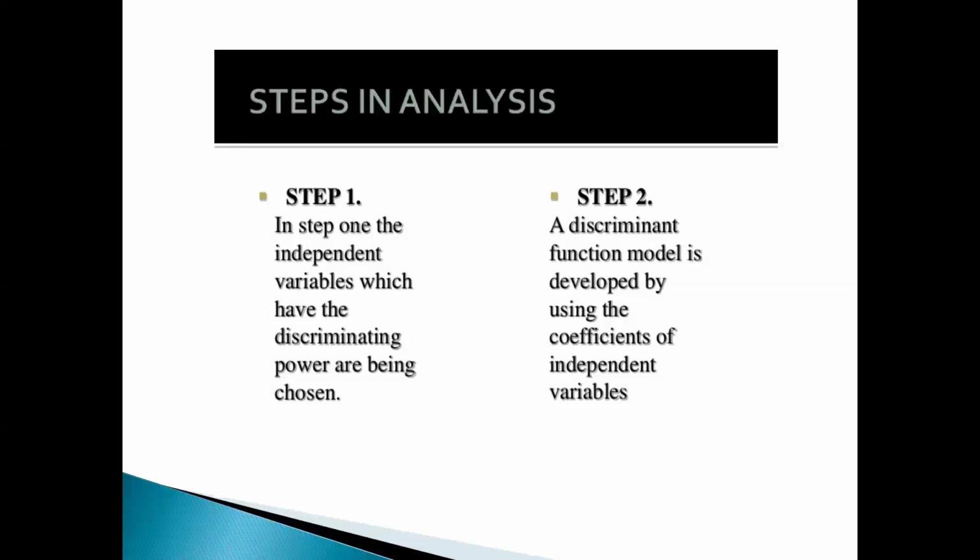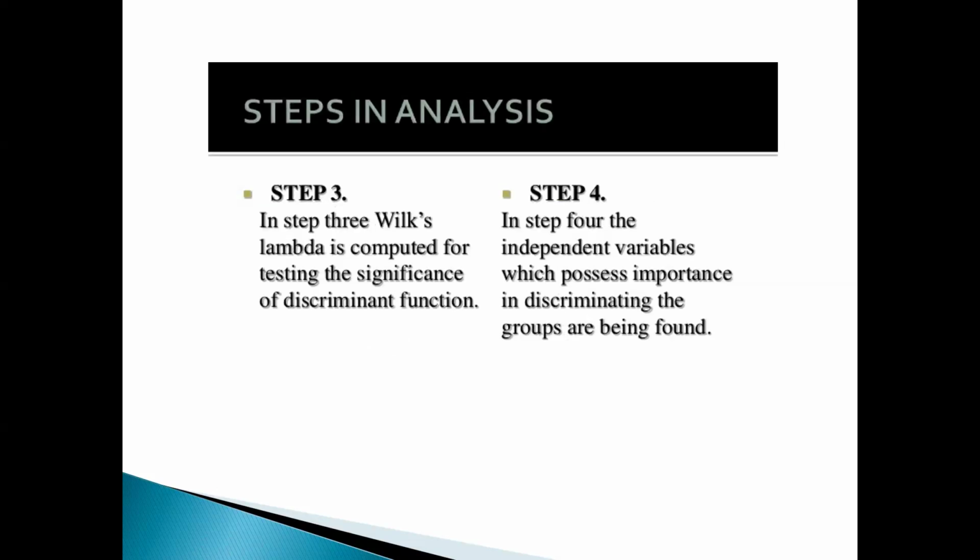Now these are the steps involved while performing discriminant analysis. In step 1, the independent variables which have discriminating power are chosen. In step 2, a discriminant function is developed by using the coefficients of independent variables, like regression coefficients.